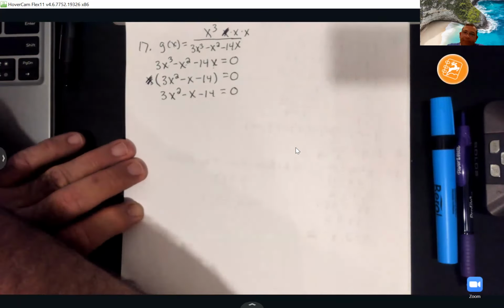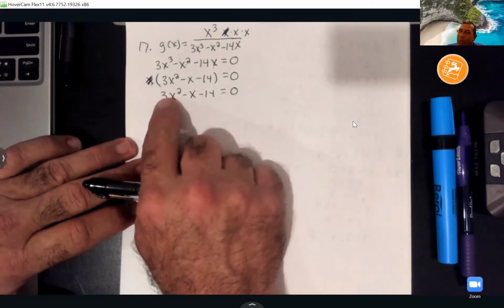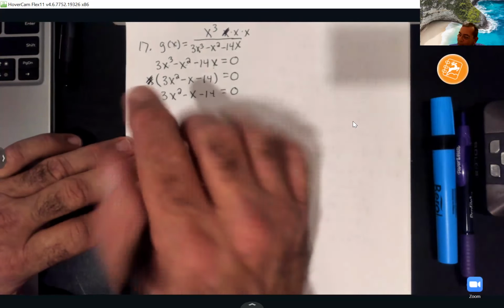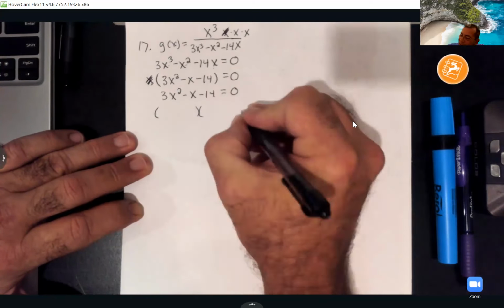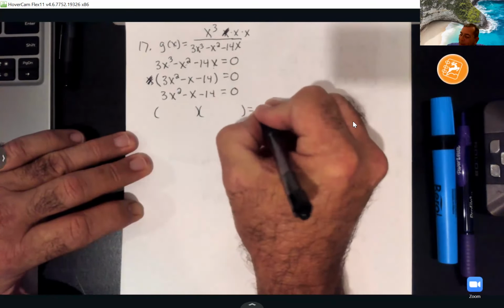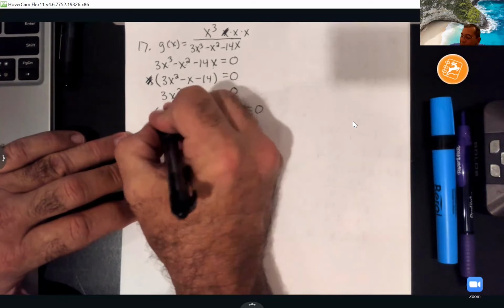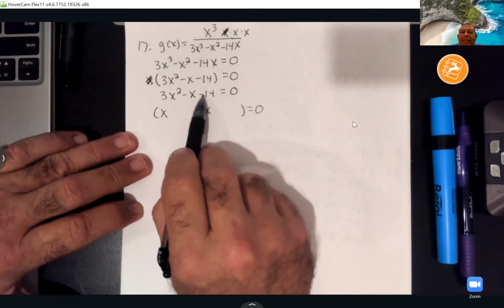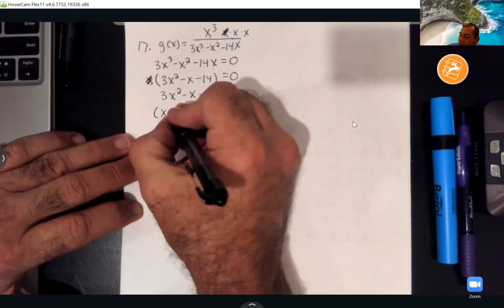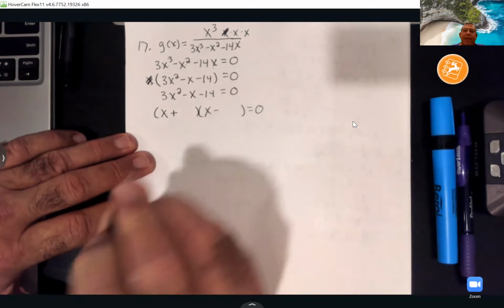Now, we haven't factored a whole lot when there's a number in the front, but y'all, I'm about to show you. The x squared would still be an x and an x. The last sign's negative, so that'll still be a plus and a minus.